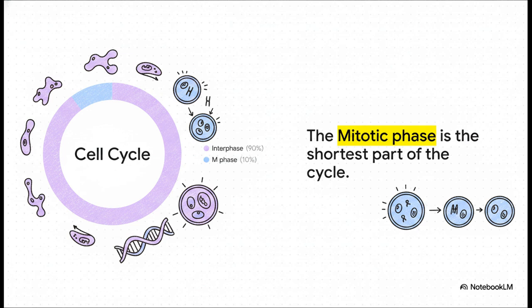This is the prep work, the behind-the-scenes stuff. During interphase, which biologists break down into the G1, S, and G2 phases, the cell is intensely active. It's growing, it's pumping out proteins, and critically, during the S phase, it's synthesizing and completely copying that entire 2 meters of DNA we just talked about. A mere 10% of the cycle is the mitotic, or M phase, where the actual physical division finally occurs.